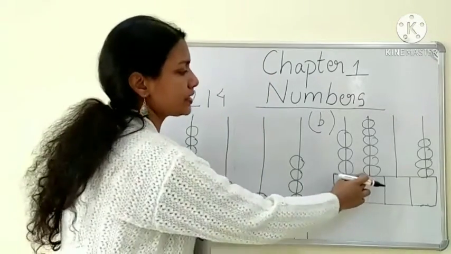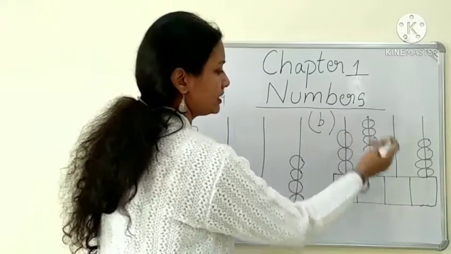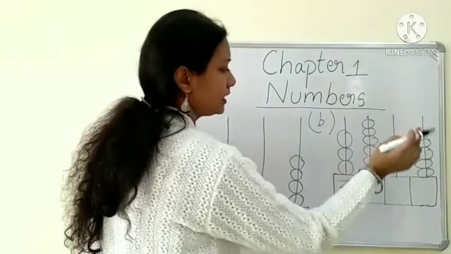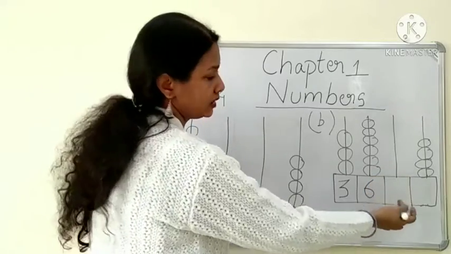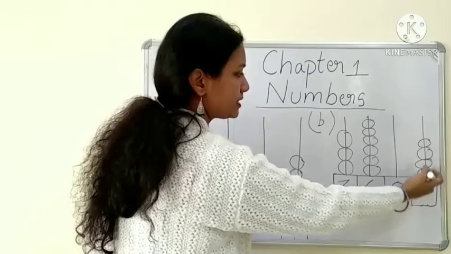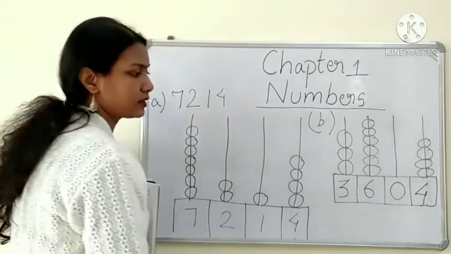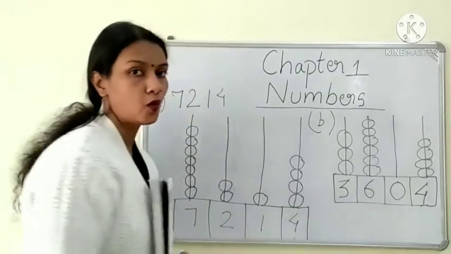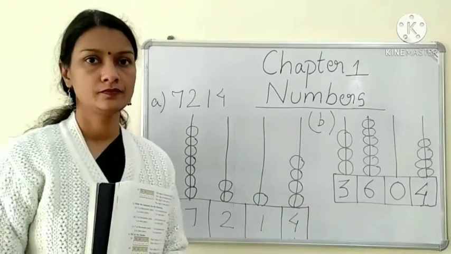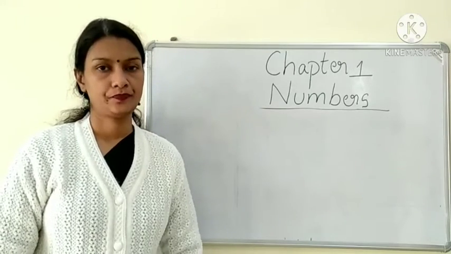Then, on the hundreds place, how many beads are there? 1, 2, 3, 4, 5, 6. In tens place, no beads are there, so we will write 0. And ones place, 4 beads are there. So, the number is 3604. Understood?